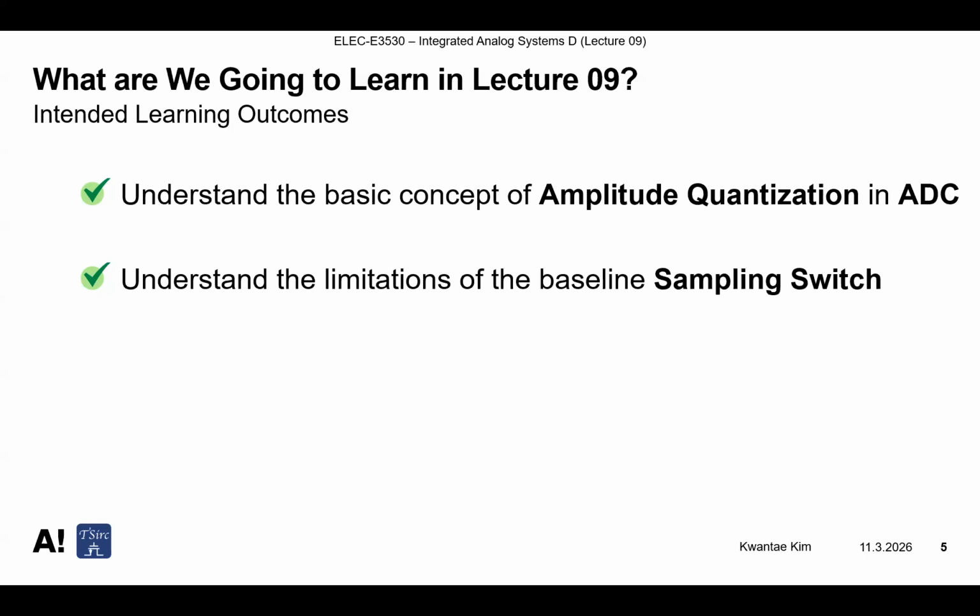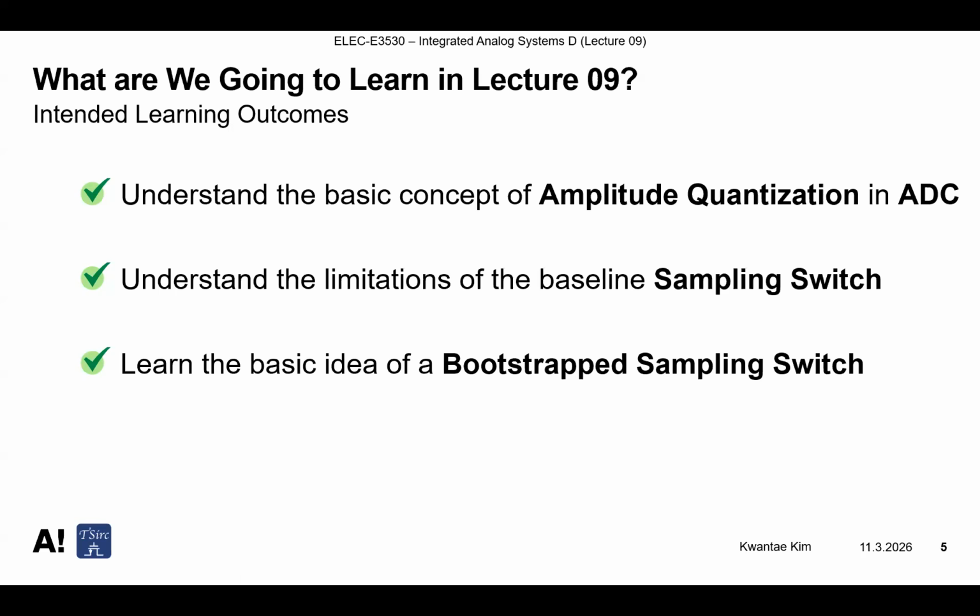There is a limitation to be used for a generic ADC. So we will go through the limitations of the baseline sampling switch and learn the basic ideas of bootstrapping, or the bootstrapped sampling switch.